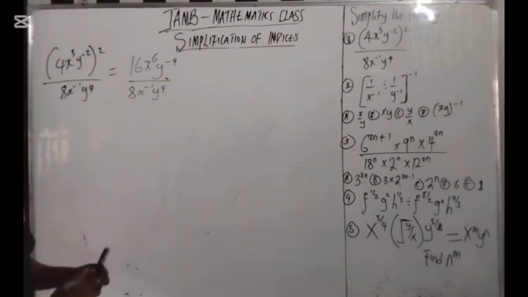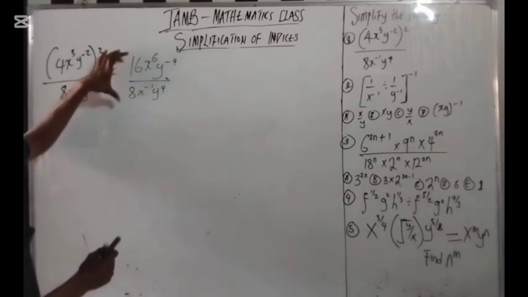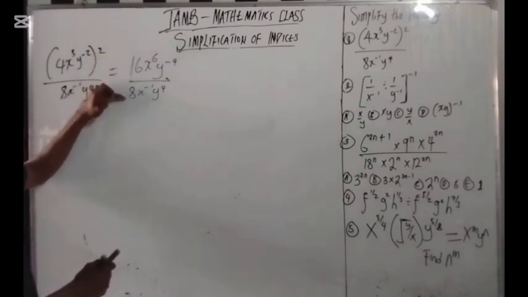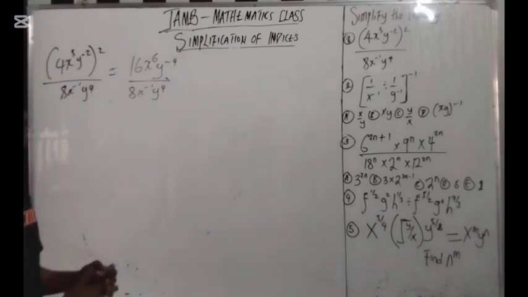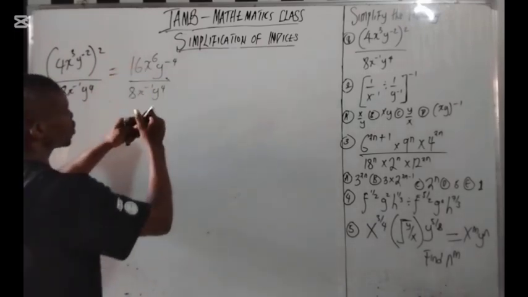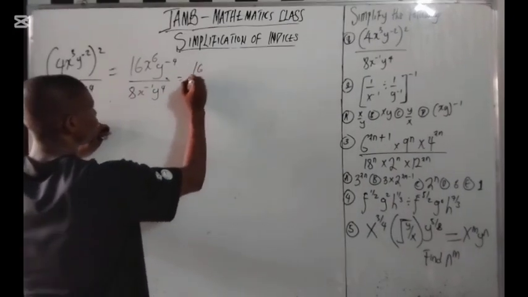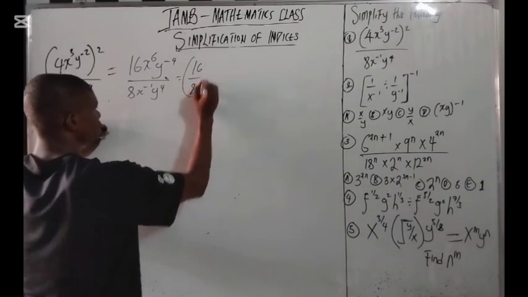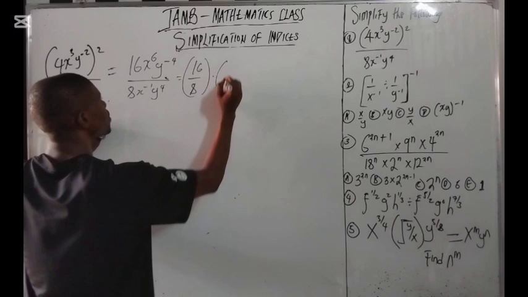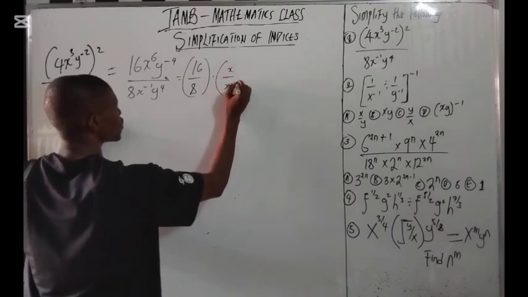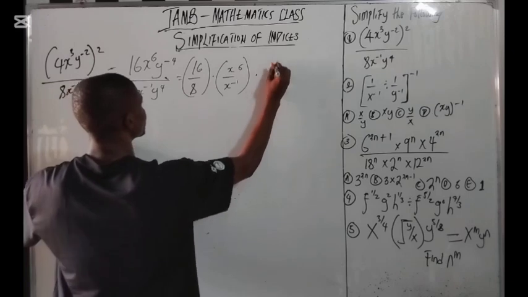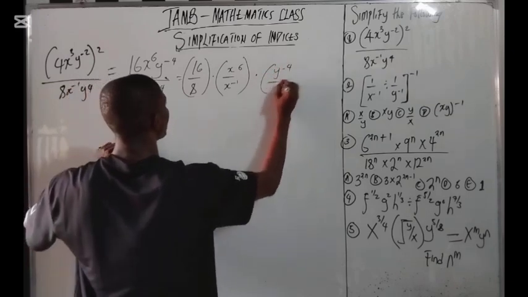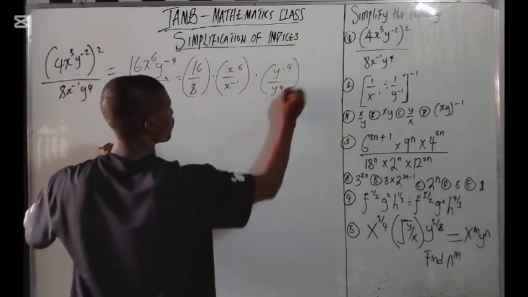Now what we want to do here, look at what we want to do. We can separate from here 16, 8, x, y. Can you see that? So let's separate it. Here we have 16 over 8, dot x to the 6 over x to the minus 1, dot y to the minus 4 over y to the 4.